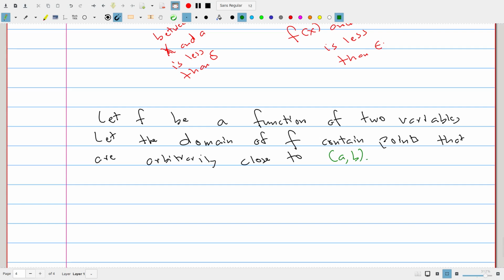Then we say that the limit as (x, y) goes to (a, b), remember we're dealing with Cartesian pairs here, right? So f of (x, y) equals L, alright?